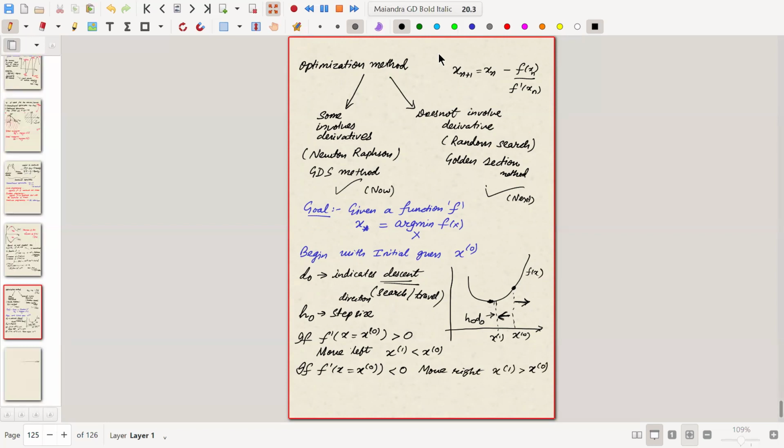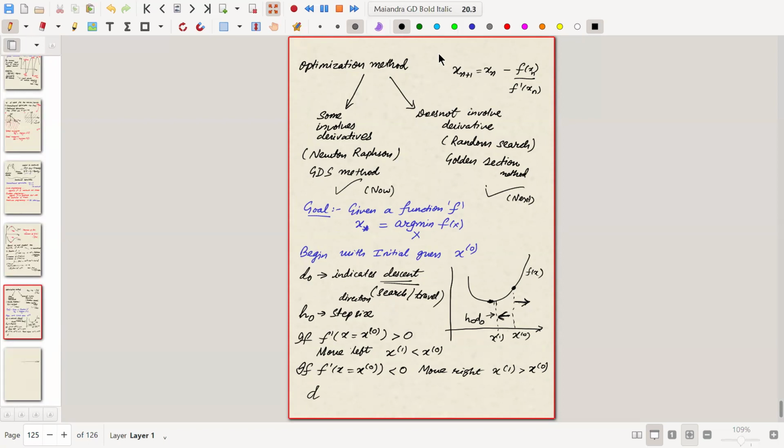Now, can you give me a formula based on these two observations, for the direction D or D naught, whatever? Any hint? See, if f is increasing, that is positive.